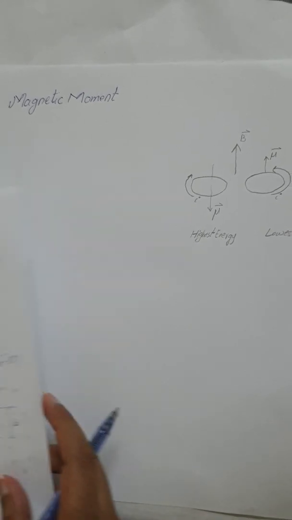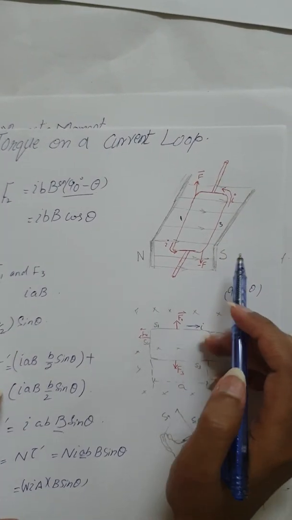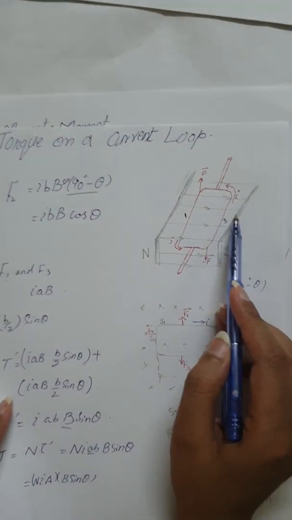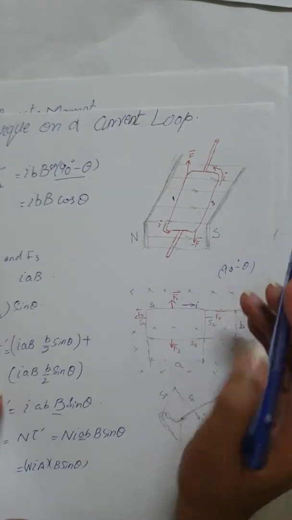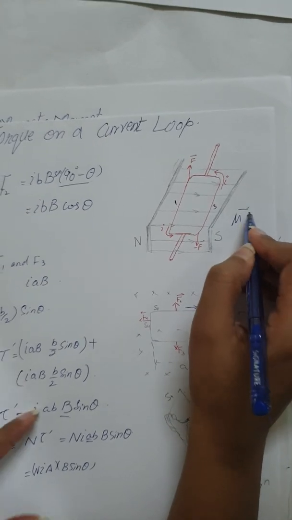So to account for the torque on a coil due to this magnetic field, we assign a magnetic dipole moment mu to the coil.